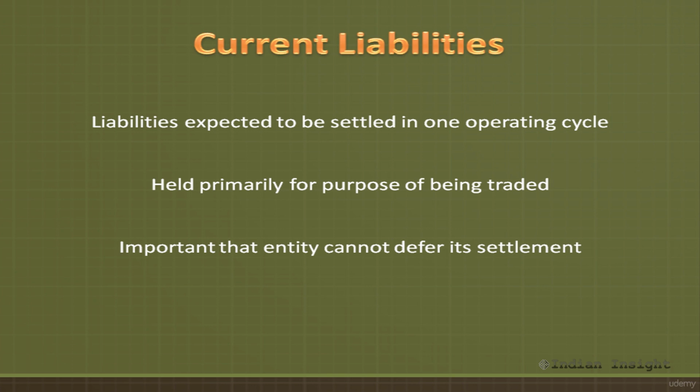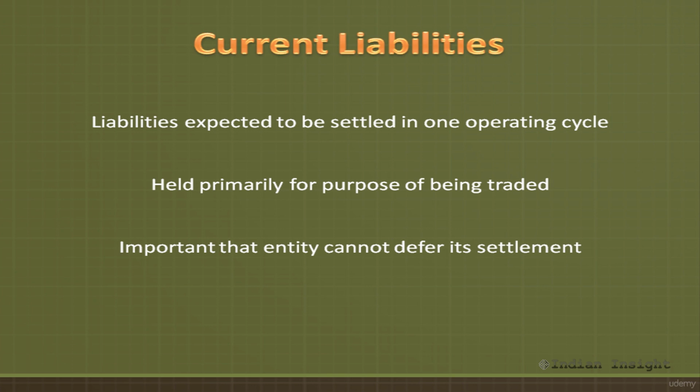Also, the current liability can be classified as current if it is held primarily for purpose of being traded. Also, if the liability is due to be settled within 1 year after the balance sheet date, then it forms part of a current liability.